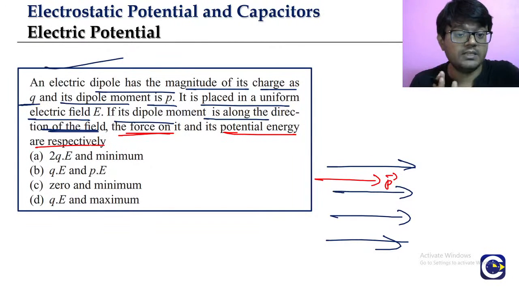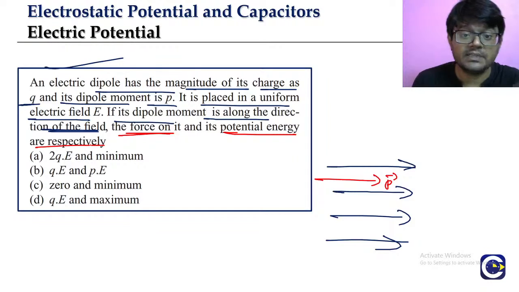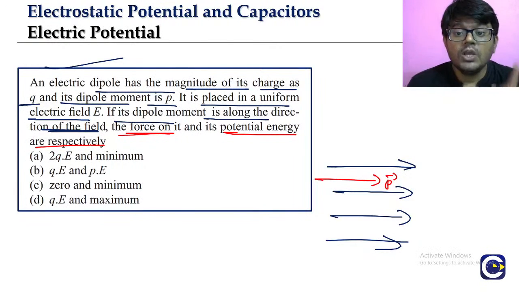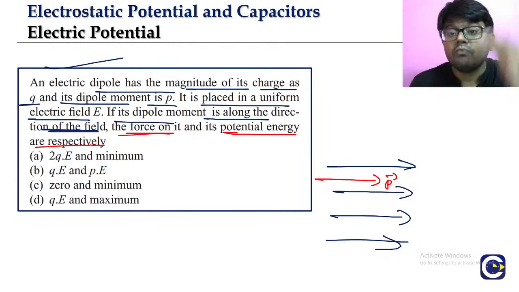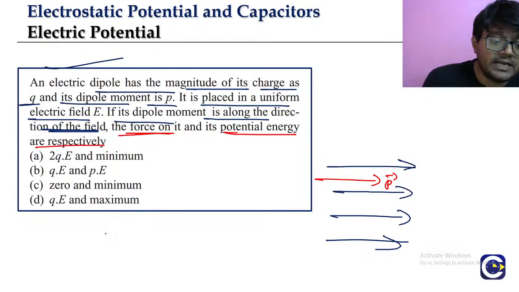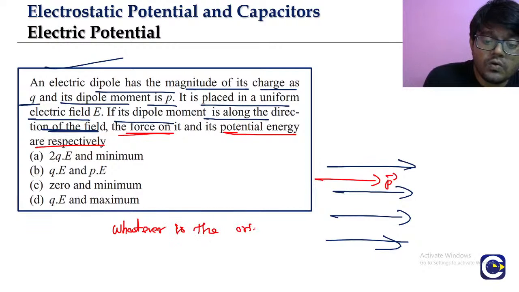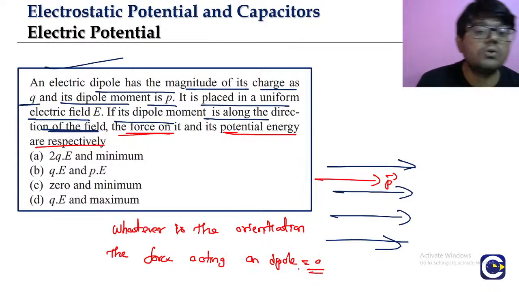So already நாம இதுக்கு முன்னாடி force and torque பத்தி discuss பண்ணிருக்கோம். If you have an electric dipole and we place it in a uniform electric field, whatever is the orientation, the force acting on the dipole is zero.